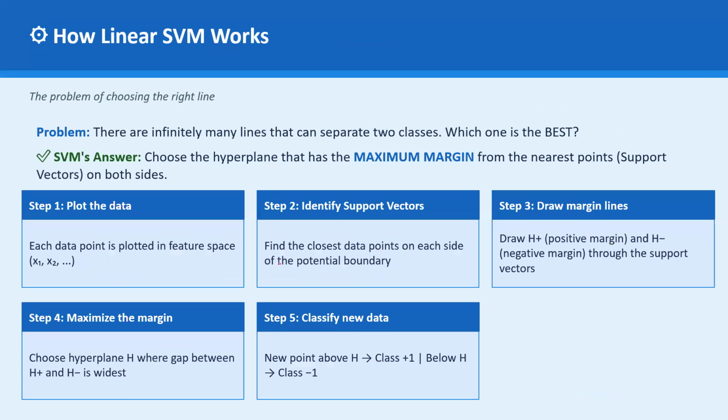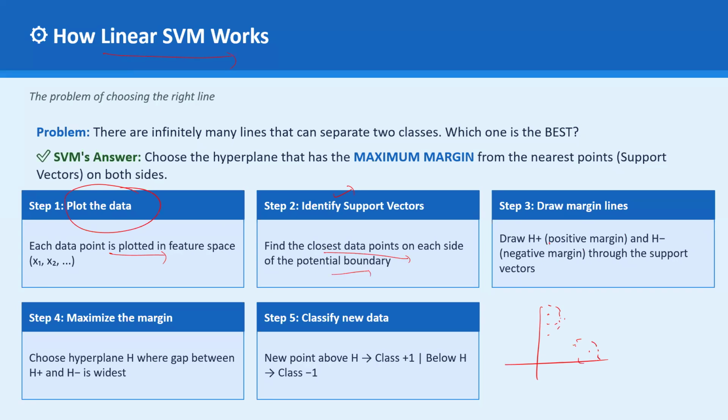How exactly does the linear SVM work, one step at a time? First we plot all the data points in the space, meaning the plane where they exist. We find the support vectors, the closest data points.